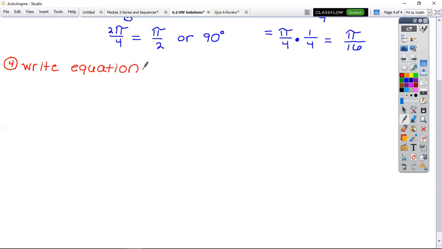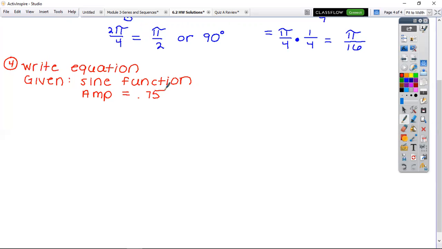So we're going to write the equation here. Here's what I'm going to give you for the first one. Given a sine function, so you will be told whether it's sine or cosine, where the amplitude, you can abbreviate of course, is going to be 0.75.